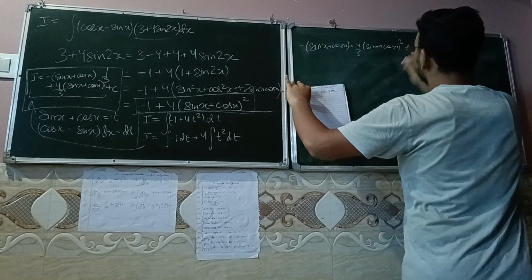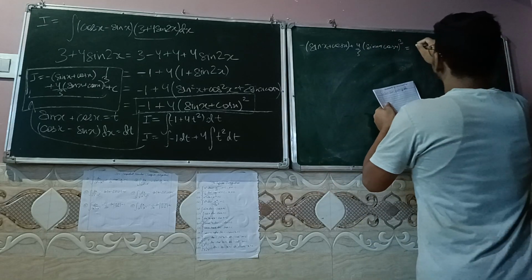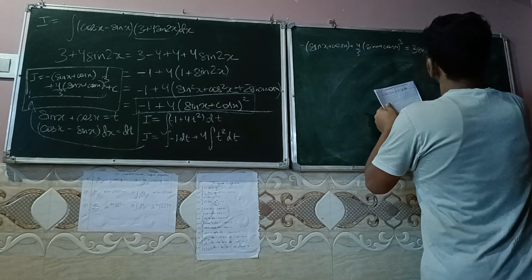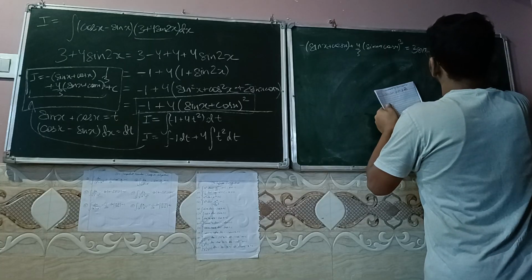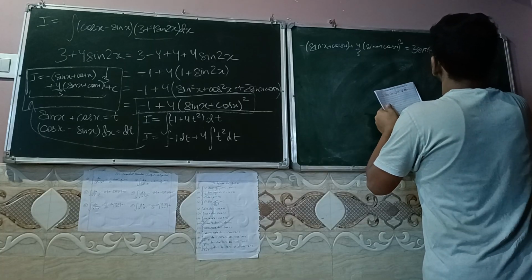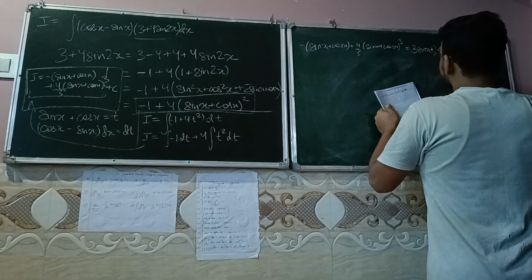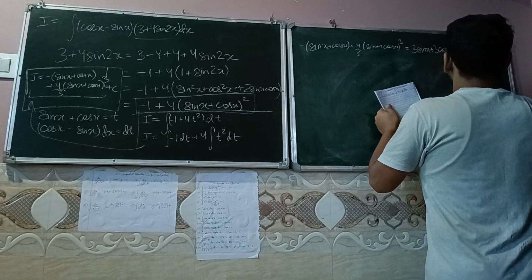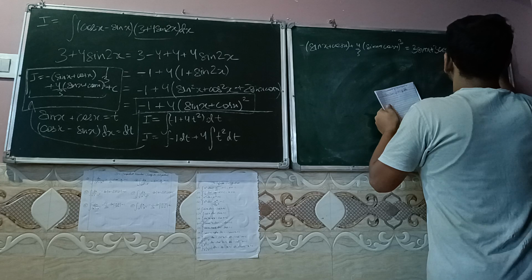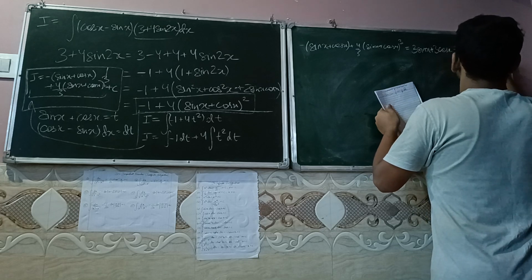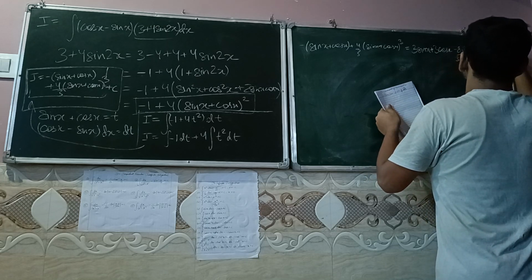And this should be equal to 3 sine x plus 3 cosine x minus 8 over 3 sine cube x minus 8 over 3 cos cube x, right?